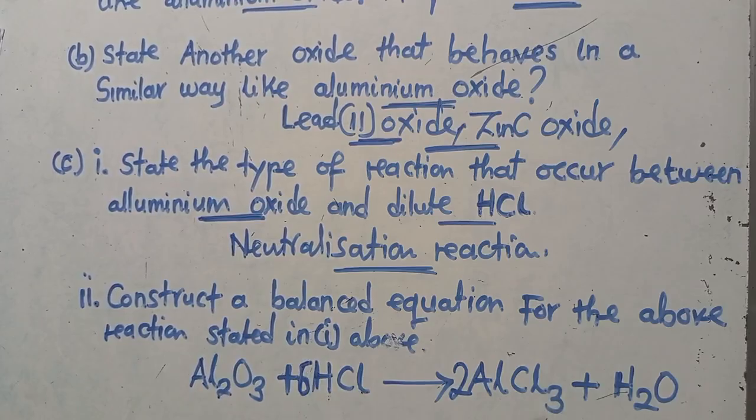Since chlorine is 6, chlorine is balanced. Hydrogen 6, I try to put a 3 here. Once I put a 3 here, hydrogen is balanced as well as hydrogen this side. There is oxide 3, even oxygen here it is 3. Meaning this is balanced. This is what we are calling a balanced chemical equation.